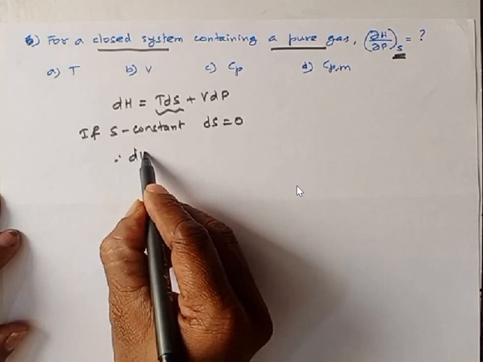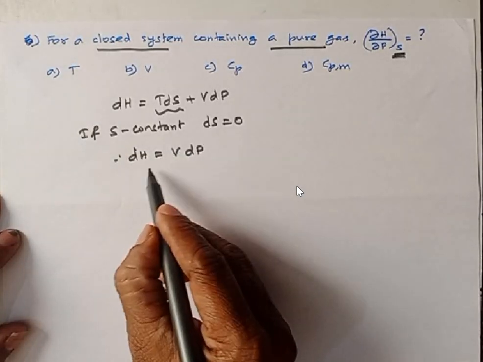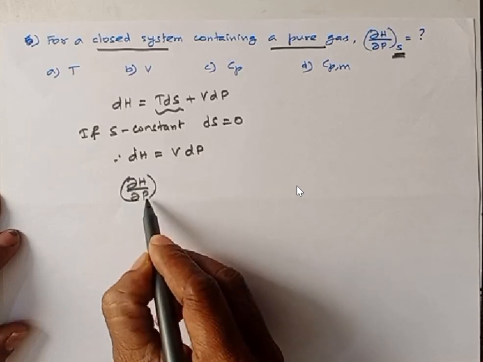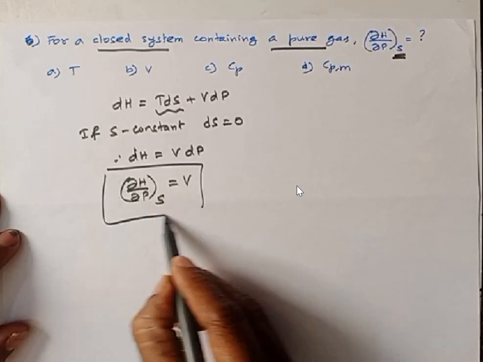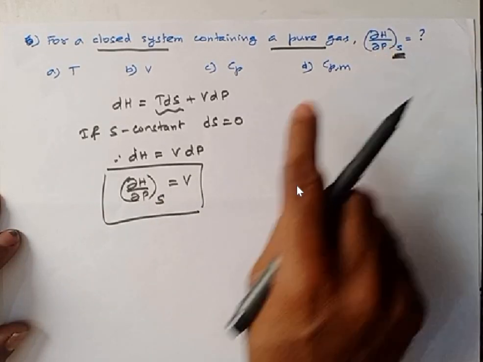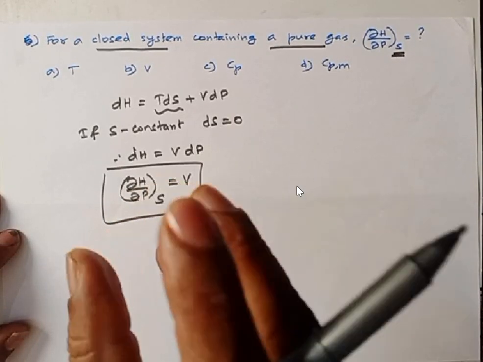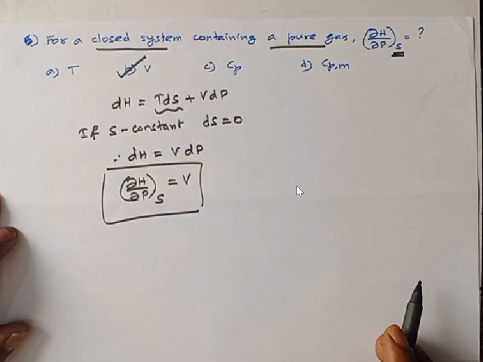Therefore, dH becomes equal to V into dP. Bring this dP to the left-hand side. So I can write dou H by dou P at constant entropy is equal to V, the volume of the gas. So the correct option for this question is option B.